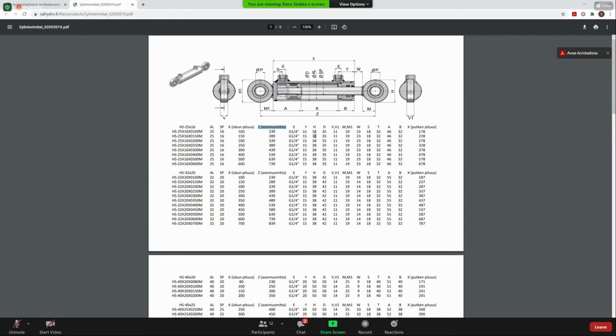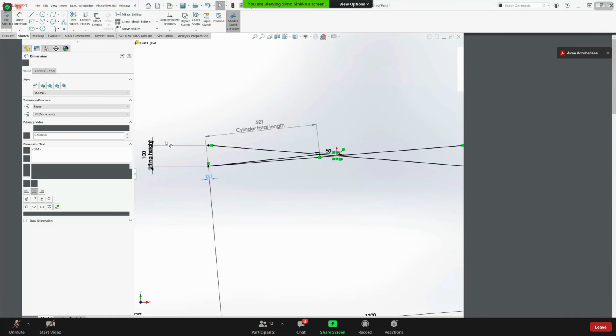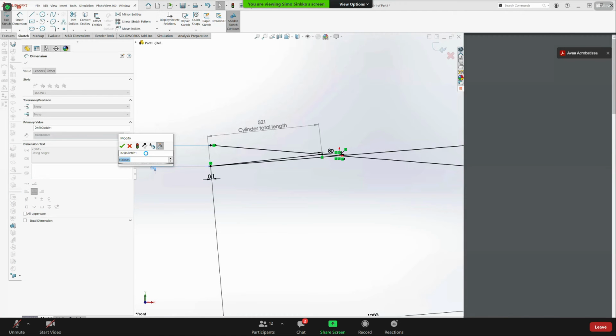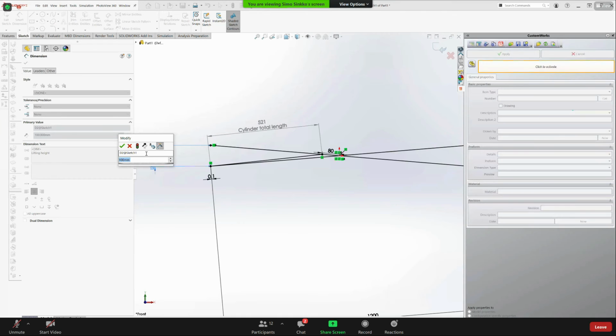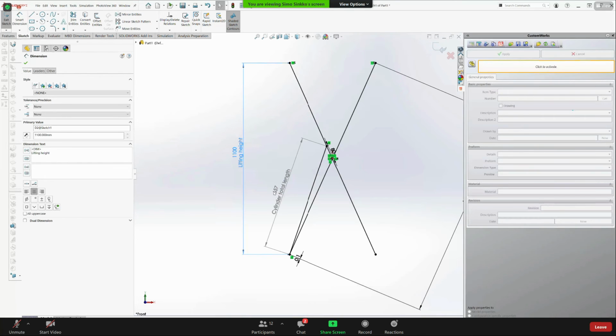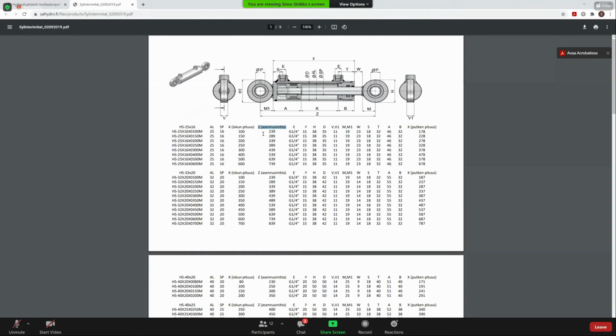Yep. And how do we get the maximum dimension? And the maximum dimension, if we put here, for example, now this 1100. Now this dimension here, it is this Z plus the stroke.